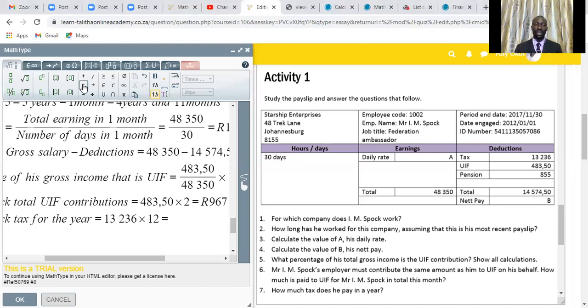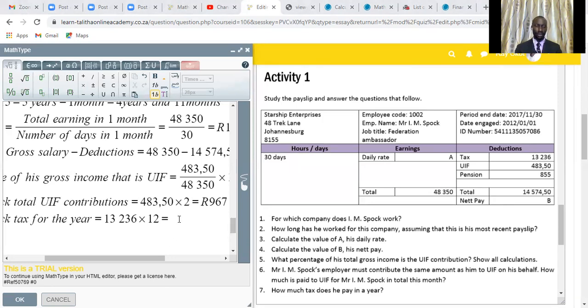And so this will give us, with our calculator, 13,236 times 12. So what will this give us? Well, this is going to give us quite a lot, 158,000 in tax only.